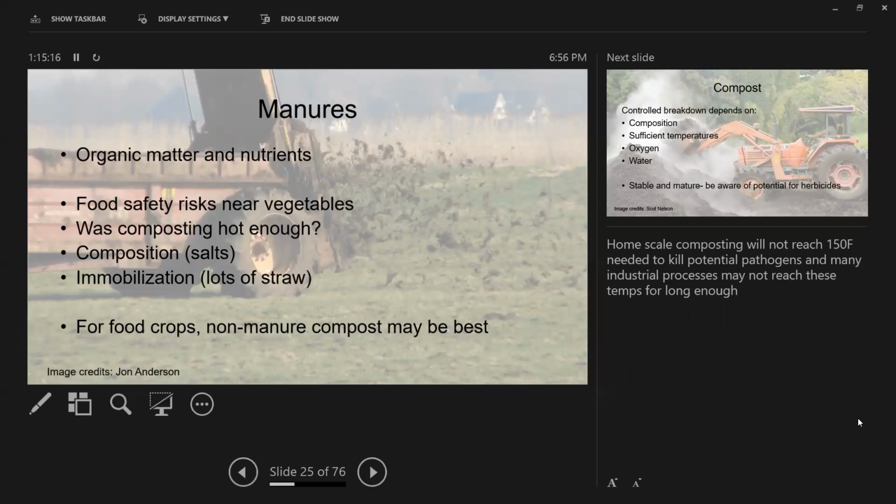They don't want broadleaf weeds, especially in their gardens. And so the animals eat those, and the herbicides do not break down in their systems. And so then you get their manure, you put it in your garden, and maybe your tomatoes are not growing, or whatever plant you've got is looking yellow and spindly. And so it might actually go back to the compost or the manure that you added in there.